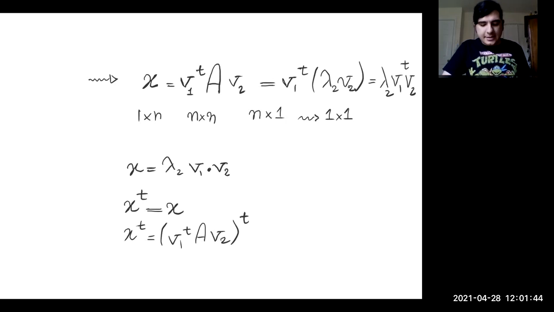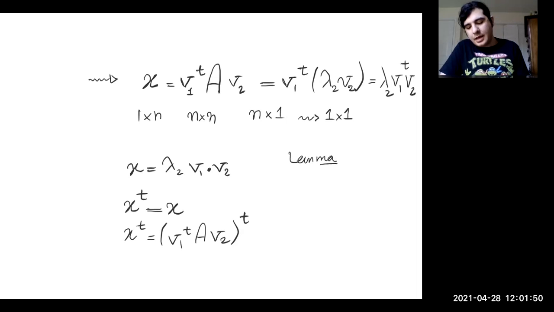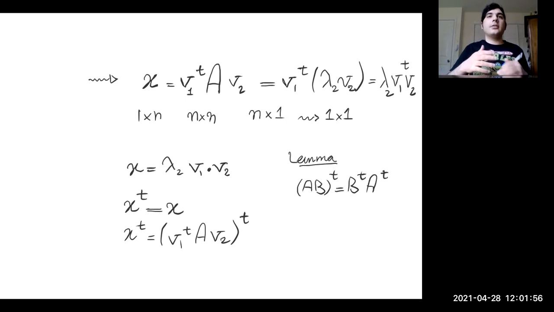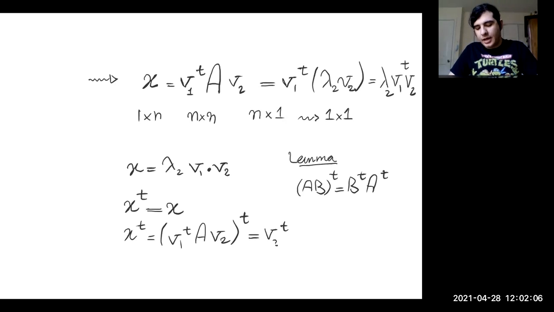Now remember, there is a simple lemma: AB transpose is equal to B transpose A transpose. Taking the transpose of a product of matrices changes the order of those matrices. So this would be V2 transpose, A transpose, V1 transpose transpose, but they cancel each other, so it's just V1.